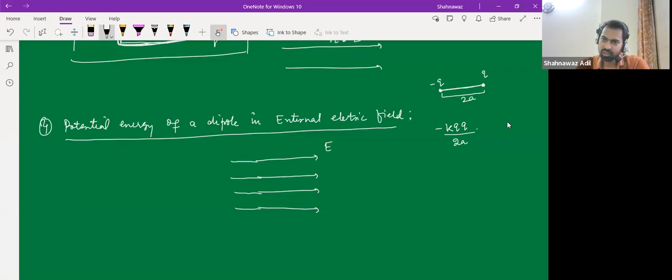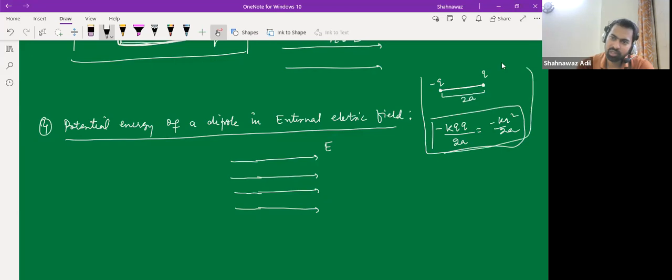Right, so minus KQ square by 2A. And this minus signifies that they are bounded. So minus signifies bounded and positive signifies that they are unbounded. Okay. So this would be the potential energy of a dipole.